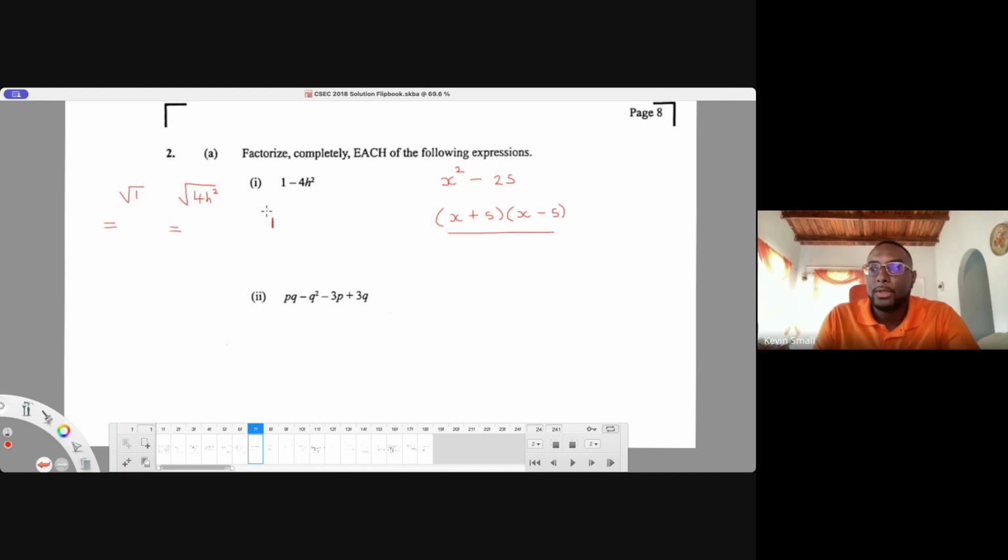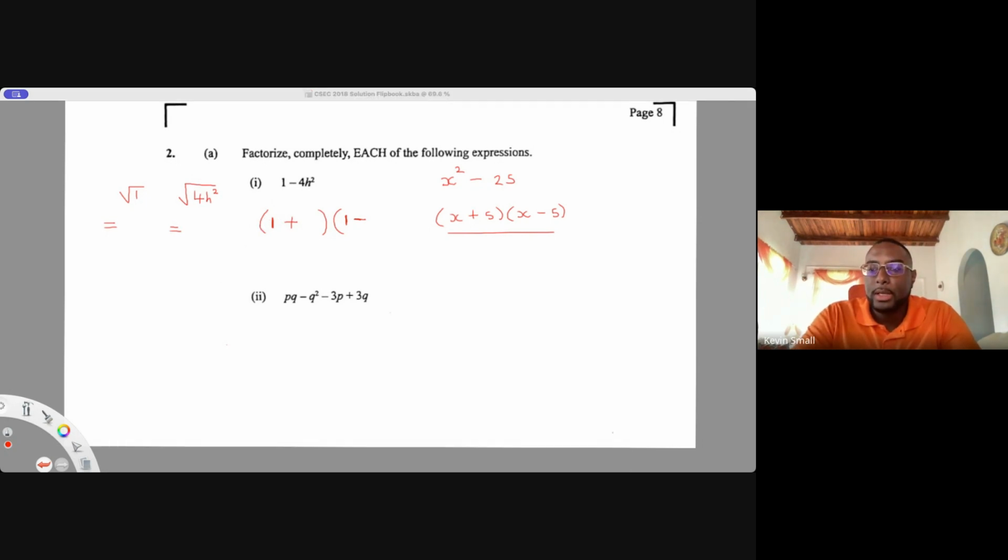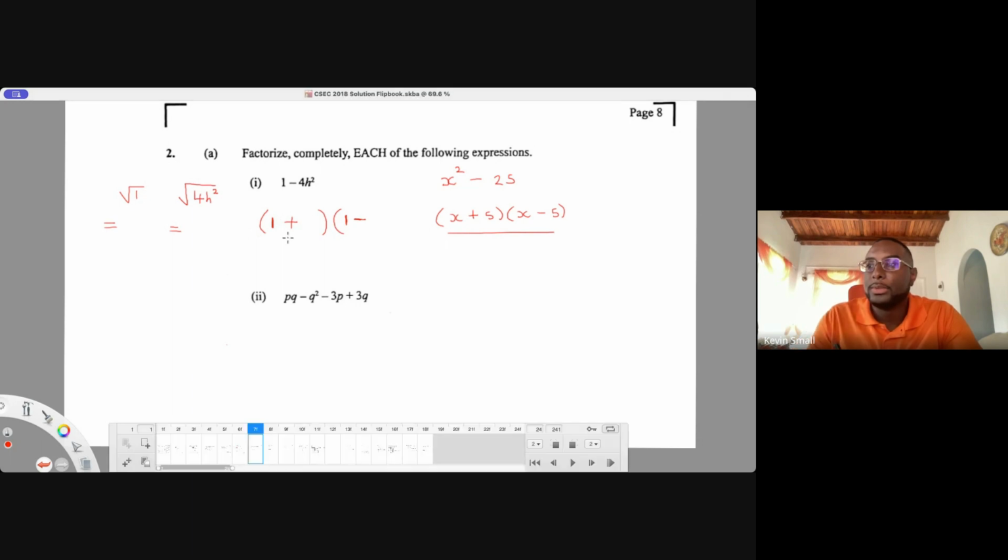So that is our first number that's going in the first bracket. This will have a plus in here and a minus in here. And the square root of 4h squared, the 4 will go down to a 2, and the h squared will go to h. So correct, Joseph, very good, 2h. All right, so that is the first answer.